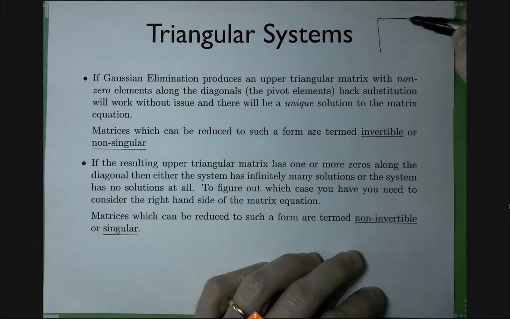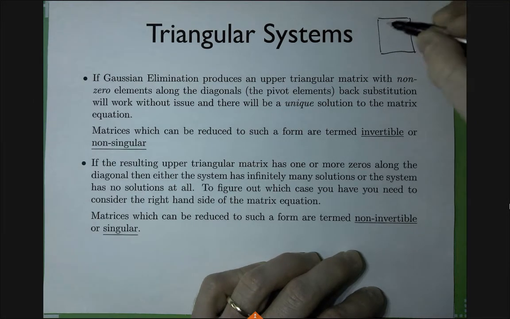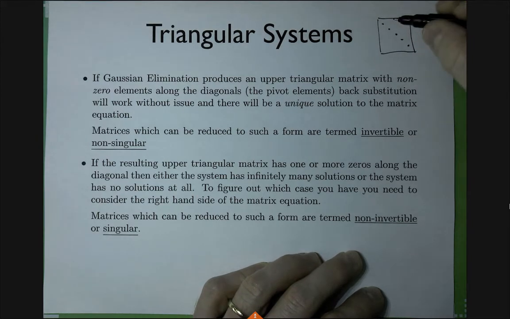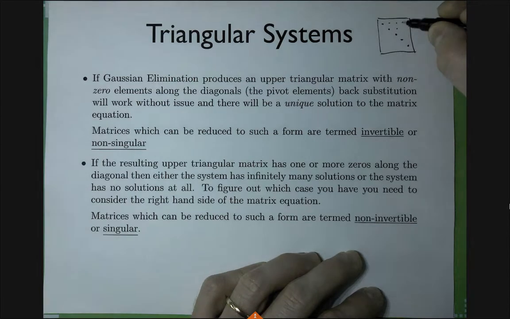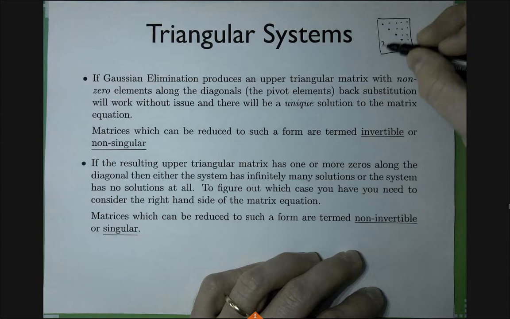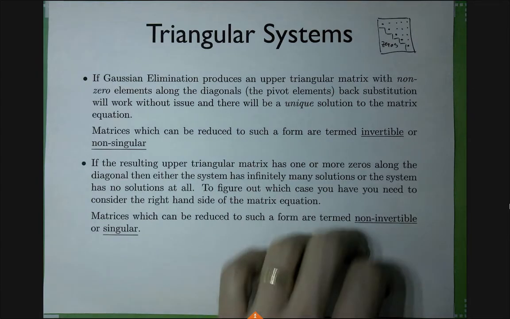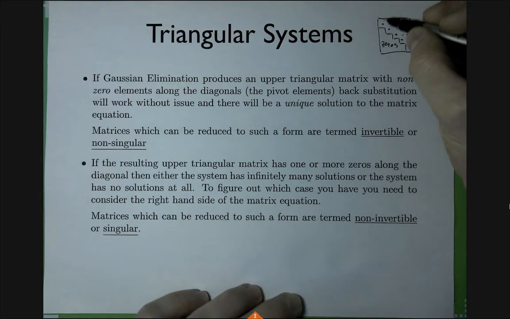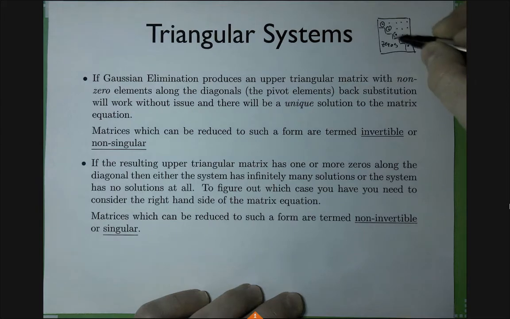So if you have a triangular matrix, then these diagonal guys here are called the pivot elements, right? If I have an upper triangle, then here can be some values, but here are guaranteed zeros, right? Like this, I guess. So that's a matrix, and these are called the pivot elements, the elements on the diagonal.